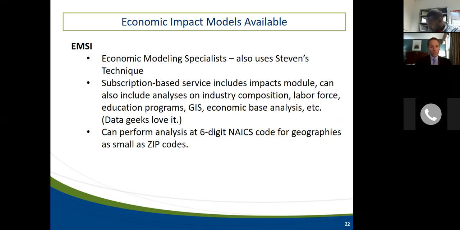The advantage that we see more than anything else for EMSI is it's very easy, and you can use NAICS codes. Everybody uses NAICS codes now. IMPLAN kind of has its own thing. But you can use NAICS codes, which means you can get right down to the very specific industry category you might be looking at. And they also allow you to go to a smaller geography, even down to a zip code, if you want to get that specific.